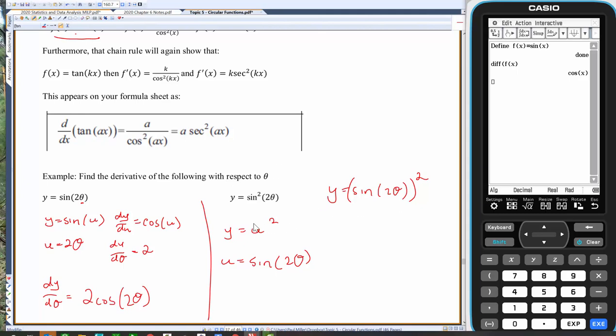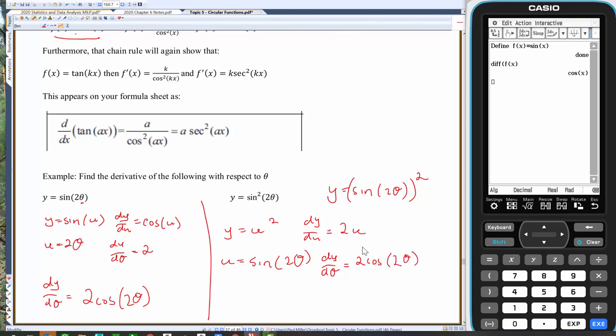So dy/du equals 2u, and du/d theta is what we just differentiated over here, so that's going to be 2 cosine 2 theta.